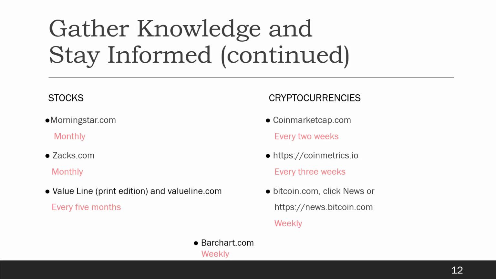Stop by Coinmetrics website, https://coinmetrics.io. First, click Insights, click State of the Network, and read some issues. Second, click Insights and click State of the Market and read some of those issues. You're doing this every 3 weeks.